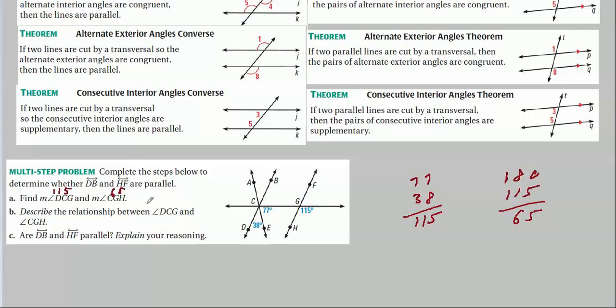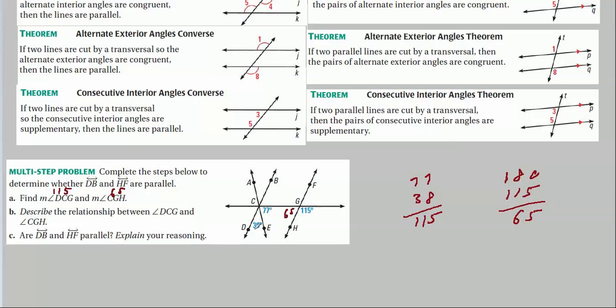Describe the relationship between DCG and CGH. And these are what we called consecutive interior angles, remember? And they do add up to 180, don't they? We already figured out this is 77 plus 38, which is 115. And this angle here we figured out is 65.